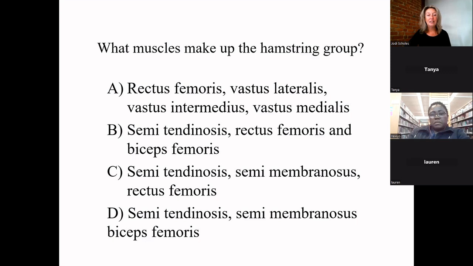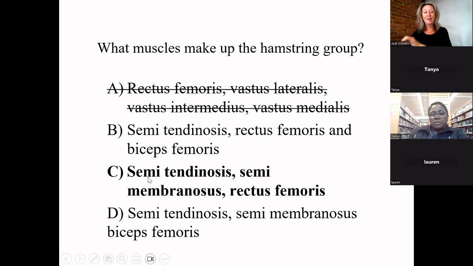Yes, Queenie. Oh, Juliana, close. You're close. But look at letter C. What's wrong with letter C? Semi-sisters, right? Rectus femoris is a quad. Here's a little clue. These are all quads, quadriceps. But you're right. So we have to look at all the answers.